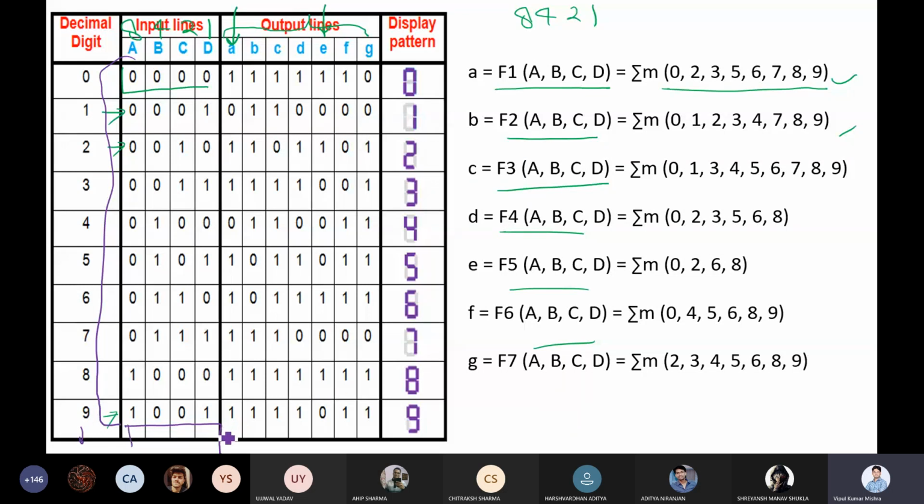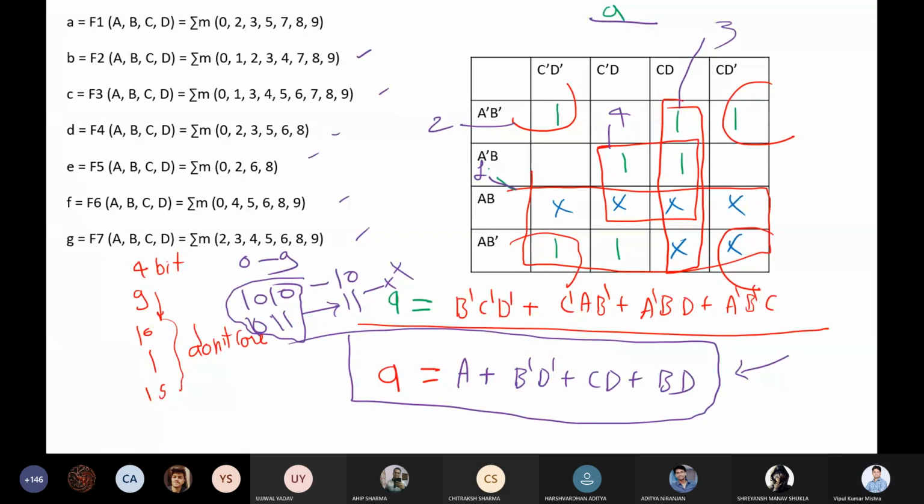We can make a cross or don't care only for those input sets which will never occur in the system. You must be 100% sure that this input combination will never come into the system. Then only you can make those a don't care. Getting? Got it or not? Yes sir, I got it.